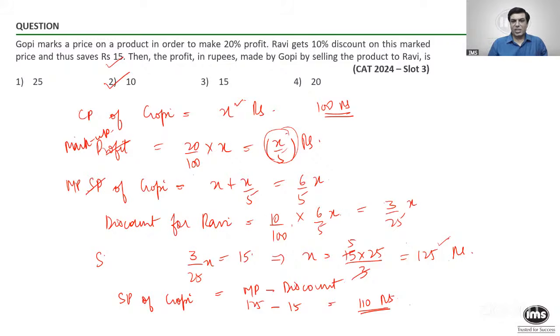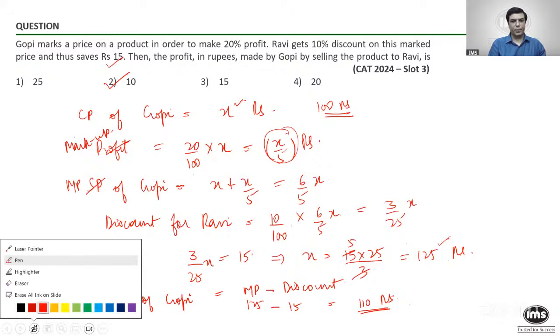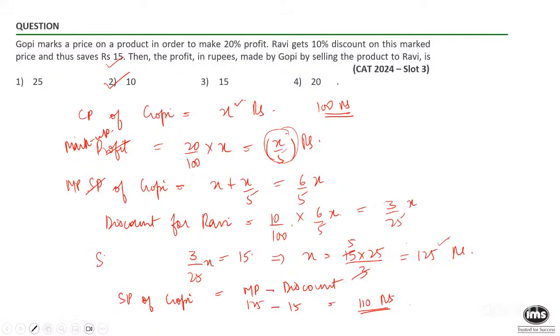So here what we've done is we have used the traditional X method, the equation method. Now, is this the only way of solving? This is not the only way of solving, but also this is the most time-taking method. So there are more ways of solving, instead of assuming the cost price of Gopi as X. Okay, if anybody has any doubt in this, you can let me know. Otherwise, we can just move on to the second way of solving here.